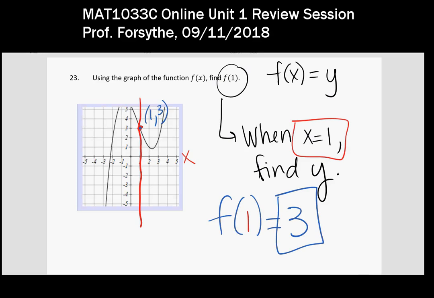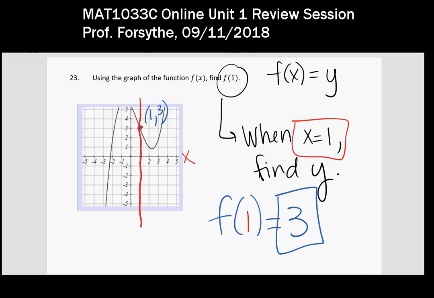So it's knowing what function notation means. That simple little expression, f of 1, is actually asking you a more elaborate question. When x equals 1, find y, because f of x equals y.